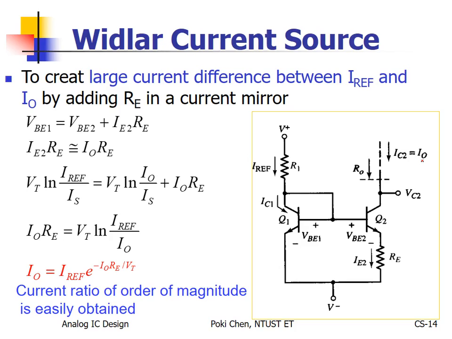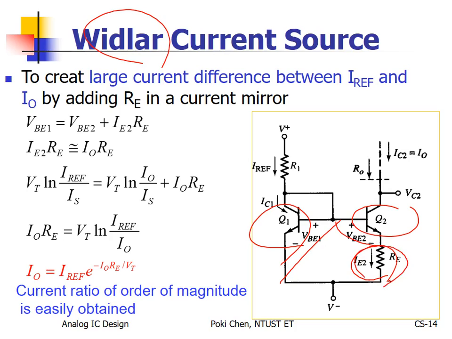And then, let's go for the other kind of current source. We call it the Widlar current source here. What is the major idea? You can see, again, Q1 matches Q2, but VBE2 is supposed to be much smaller than VBE1 if you have a very large resistance RE here.